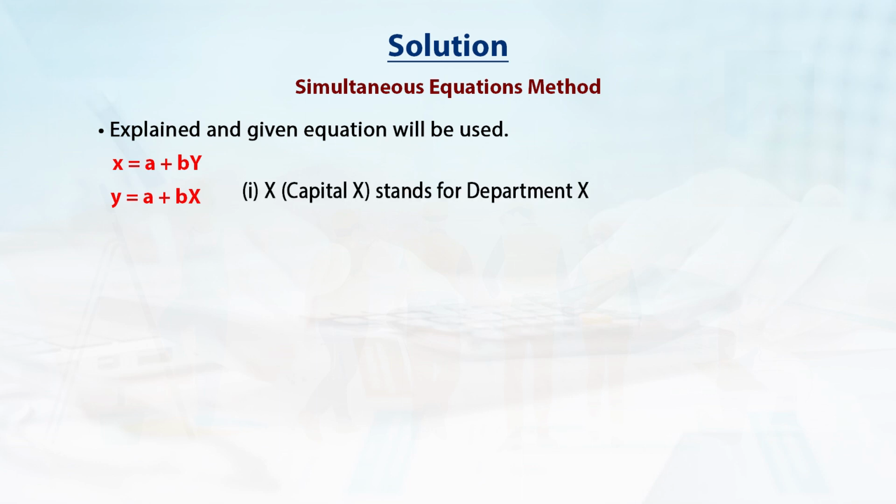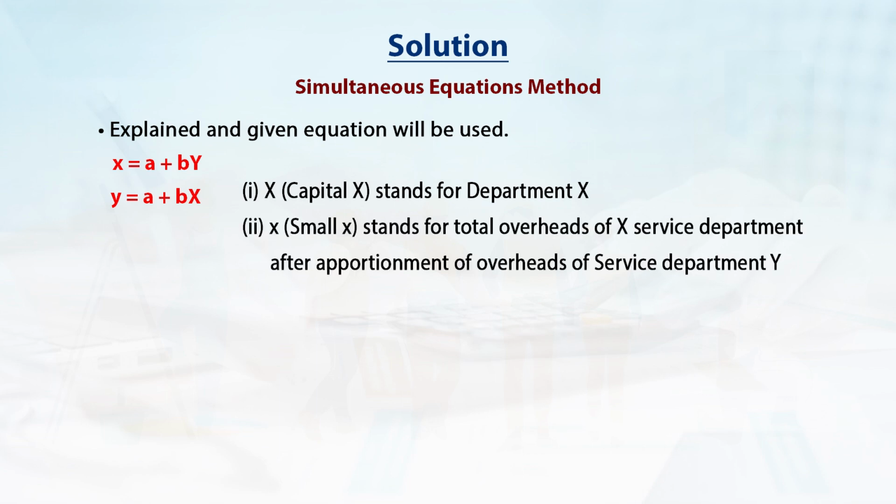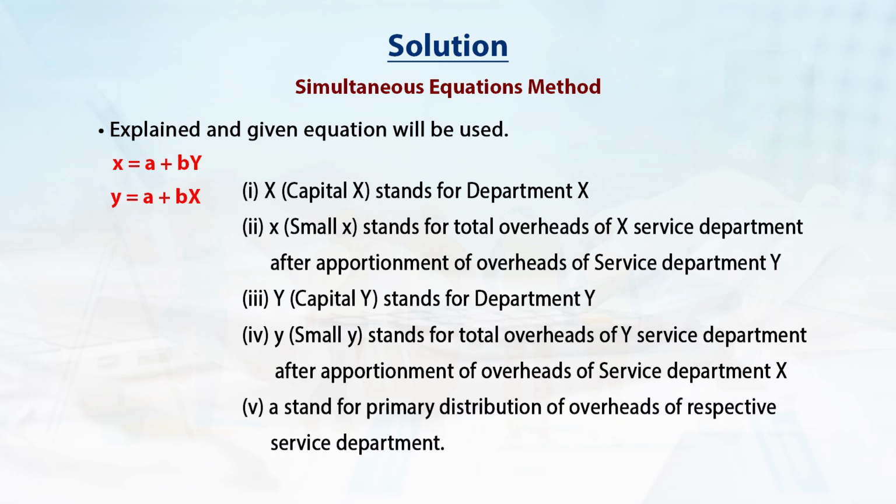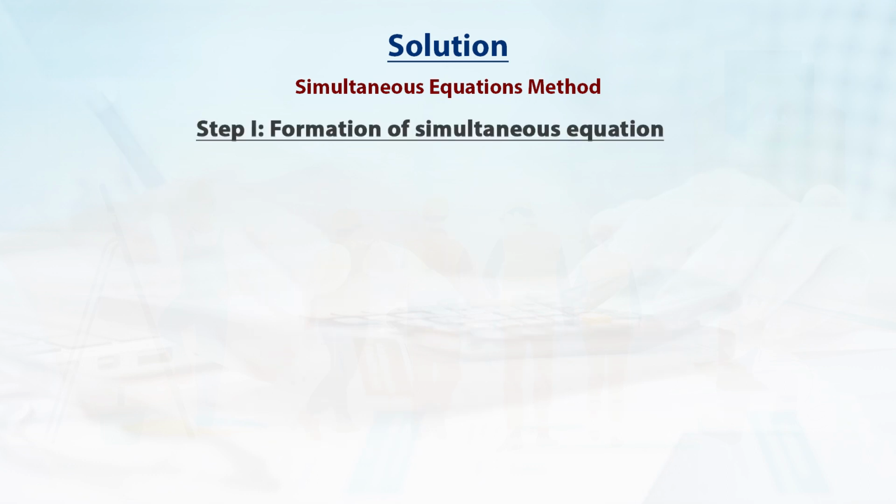Here capital X stands for department X, small x stands for total overhead of X service department after apportionment of overheads of service department Y, capital Y stands for department Y, and small y stands for total overheads of Y service department after apportionment of overheads of service department X, and A stands for primary distribution of overheads of respective service department. Let's solve the example.